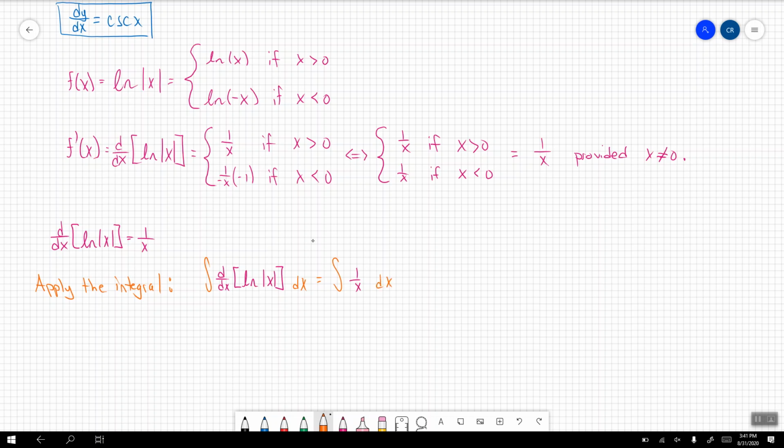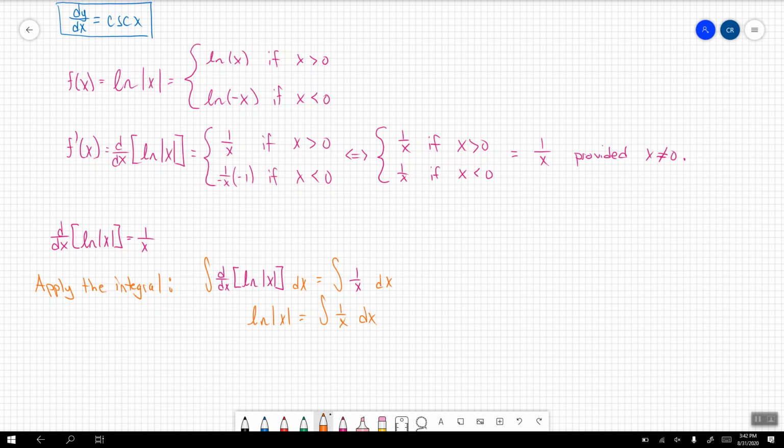Applying the integral to both sides, on the left-hand side, by the fundamental theorem of calculus, we are left with the natural log of the absolute value of x. On the right-hand side, we're left with the integral of 1 over x dx.